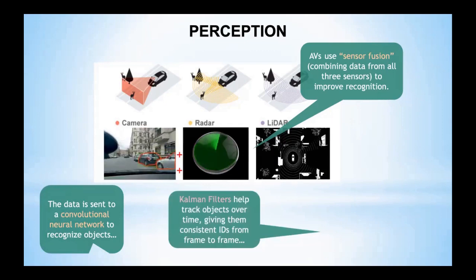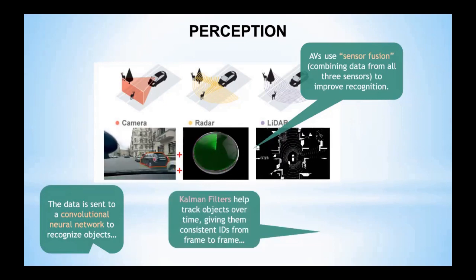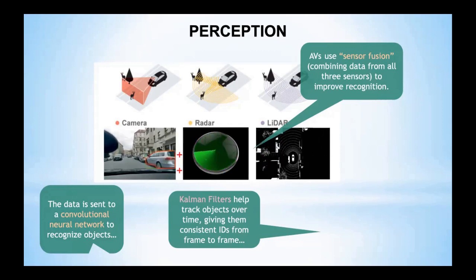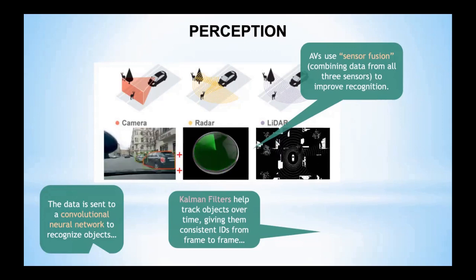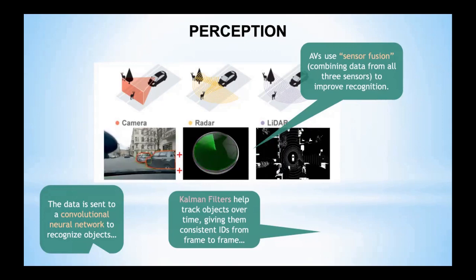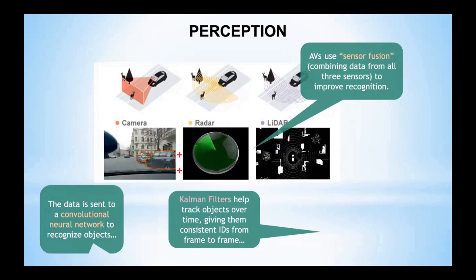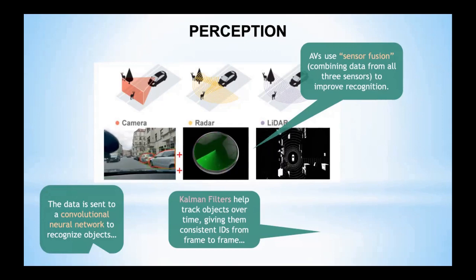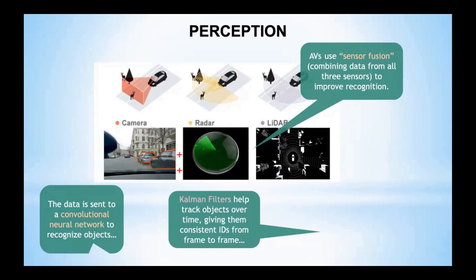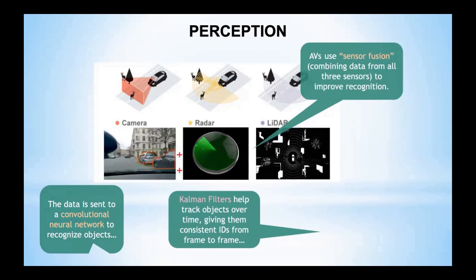And so once the network recognizes an image and says, okay, this is a car or this is a person, it's then given an ID using the Kalman filter. This is important because the autonomous vehicle is going to detect many cars and many objects, but it has to identify, hey, was this the same car that we detected 10 seconds ago, or is this another car?